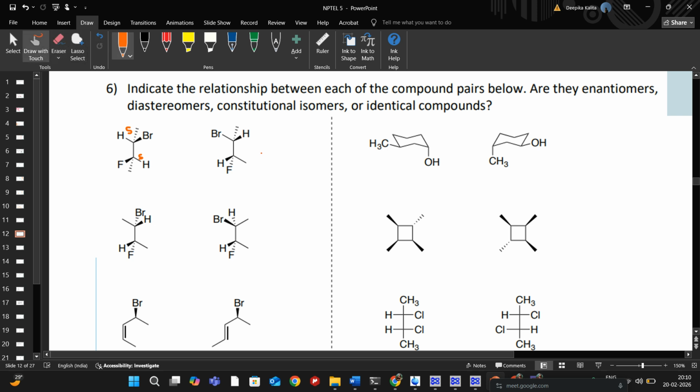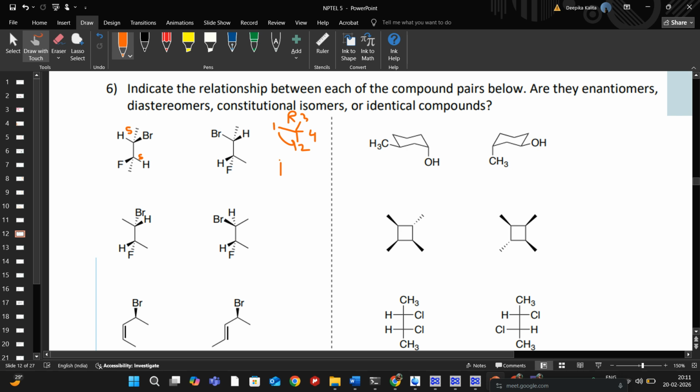Okay, now we are going to do the same for the second molecule. Here it will be 1, here it will be 2, here it will be 3, and here above the plane it will be 4. And the absolute configuration is going to be R because the fourth group is above the plane.